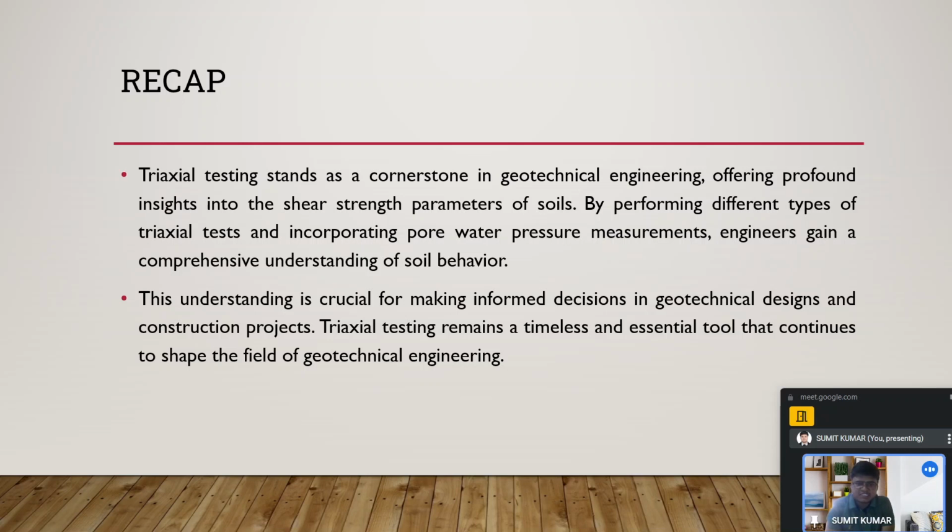By doing the different types of triaxial tests, incorporating pore water pressure measurement, we engineers could understand the soil behavior and the material characteristics of soil up to an extent. Triaxial testing remains a timeless and essential tool and continues to shape the field of geotechnical engineering for a very long time. Many more tests may be developed, but this test will remain irreplaceable.